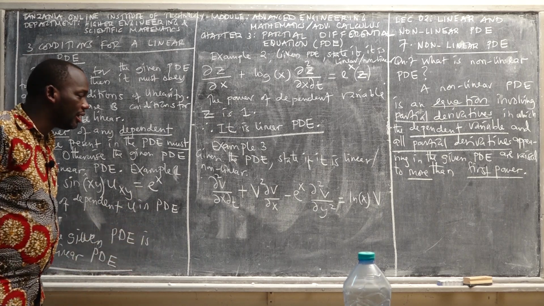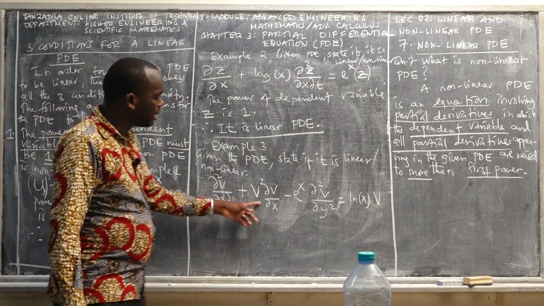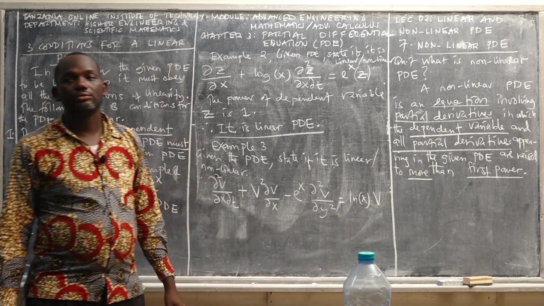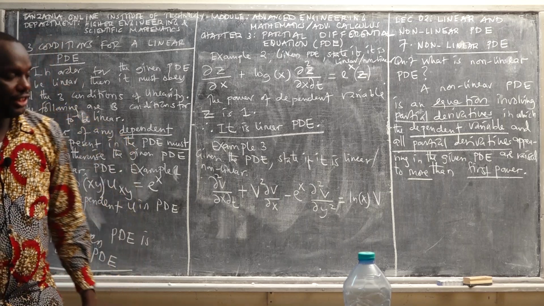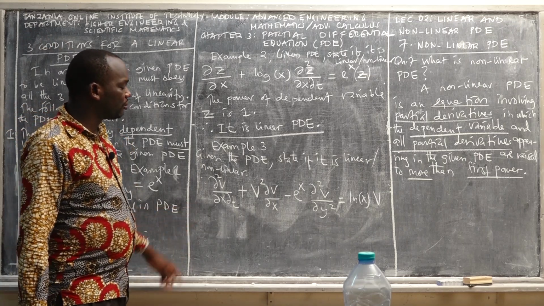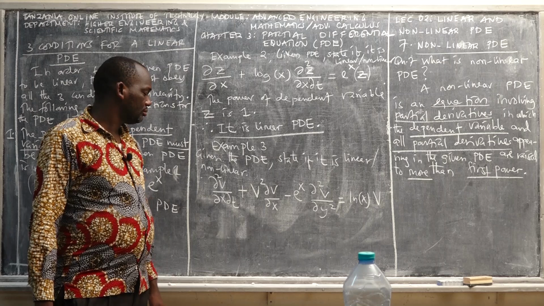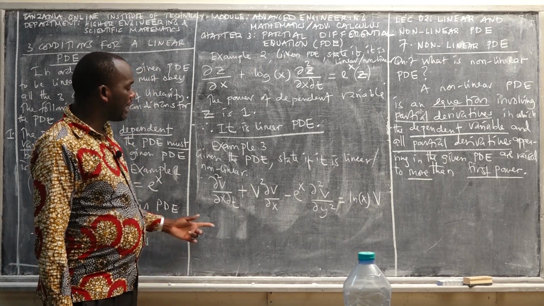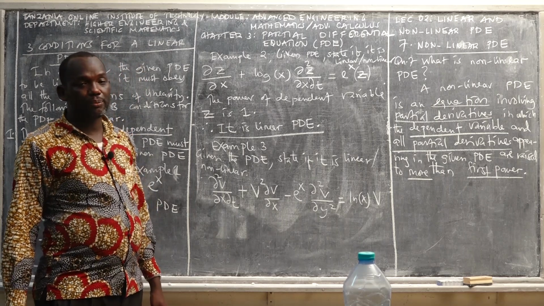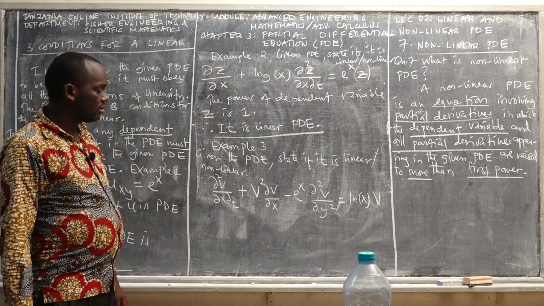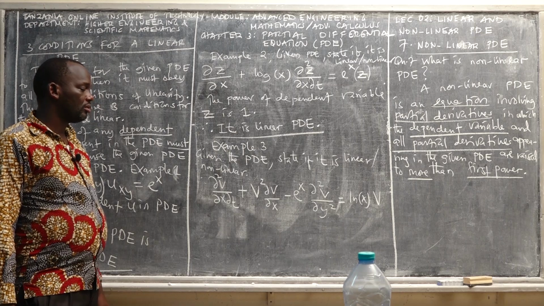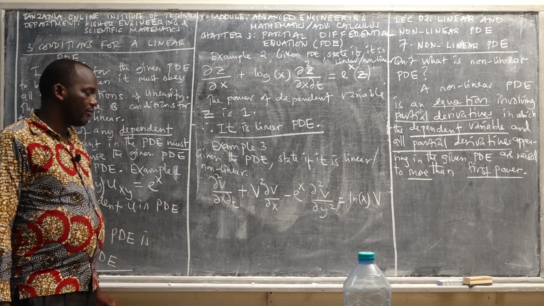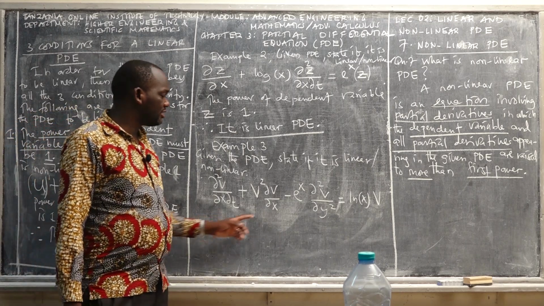How many terms does it have? First, second, third, fourth. Okay? Then what is the dependent variable for this equation? Yes, it is V. Then what are the independent variables for this partial differential equation? x and y. Very good.